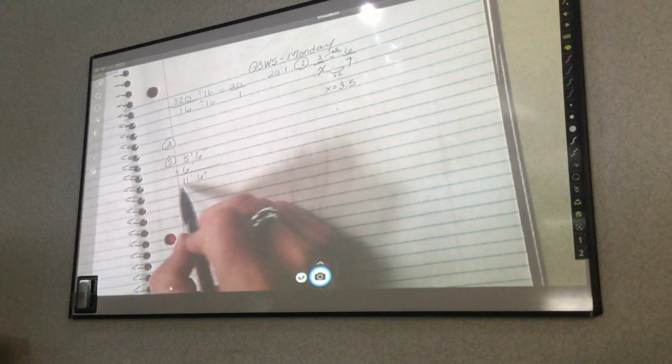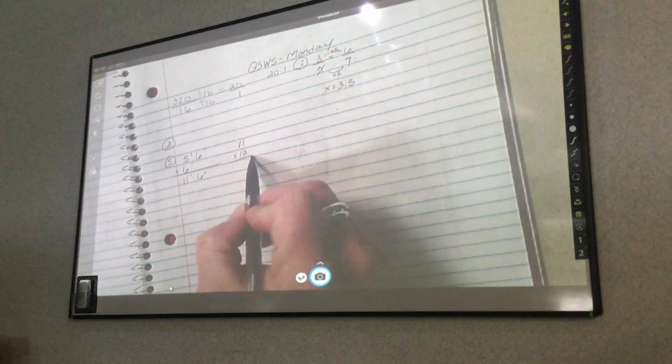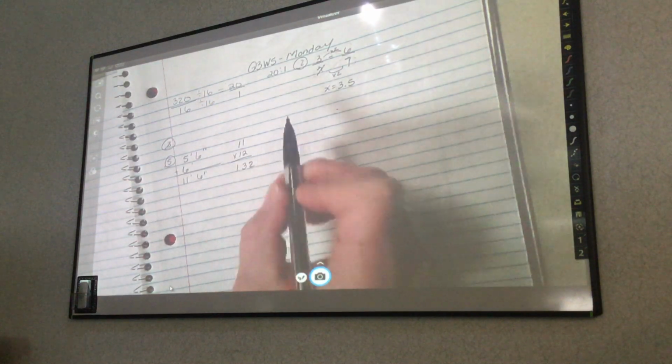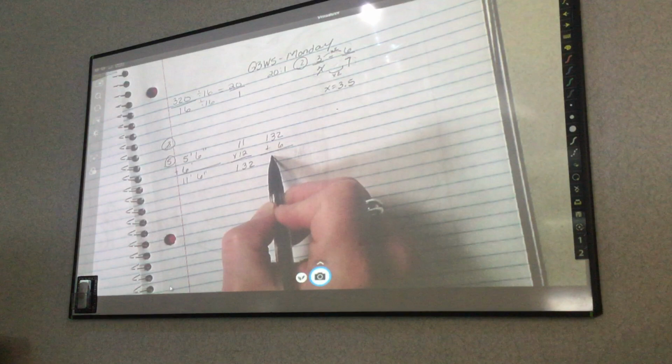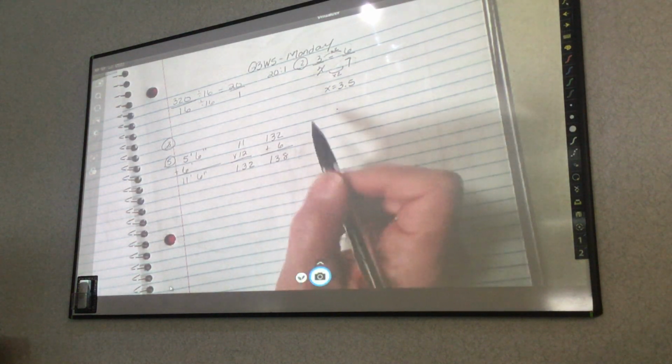I'm going to change all of it to inches. So 11 times 12 is 132. Then I take 132 plus my 6 inches, and I get 138.